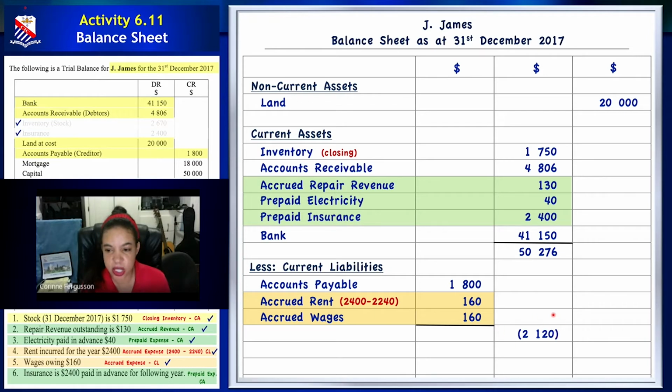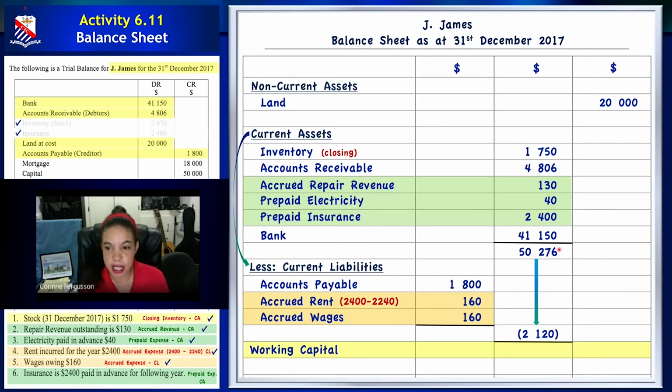Your total, you can now put it in this column to be subtracted from your current liabilities, because what you see, it is current assets less current liabilities, and that gives you what we call our working capital.